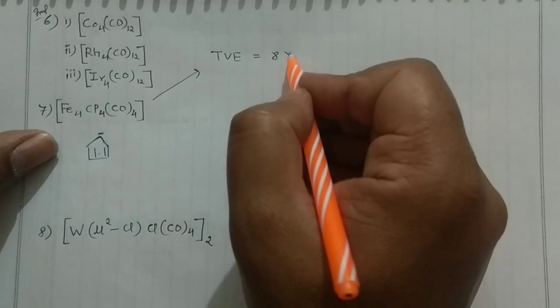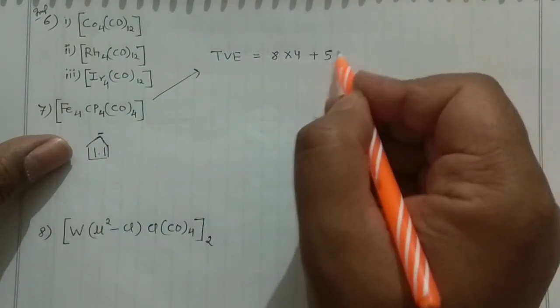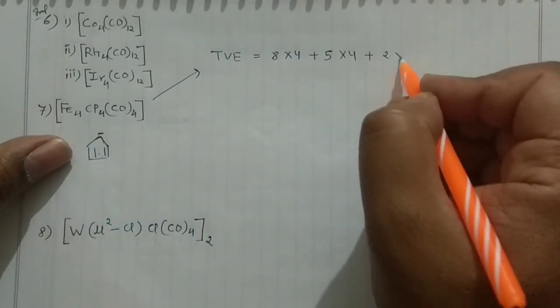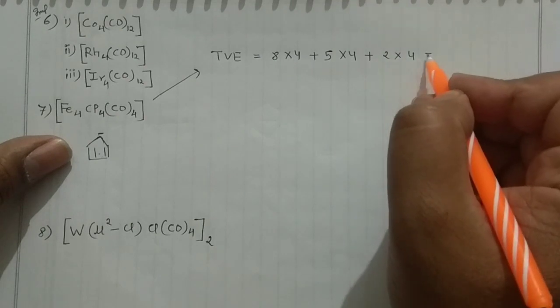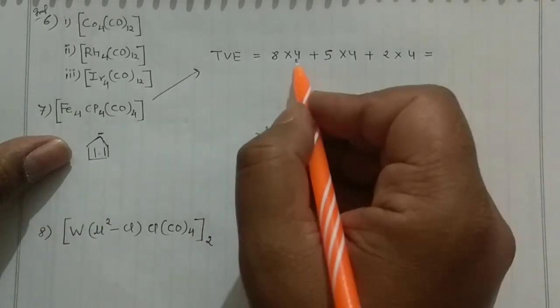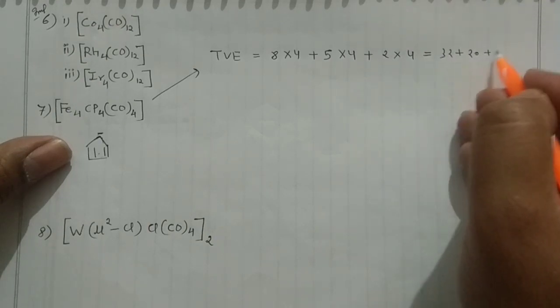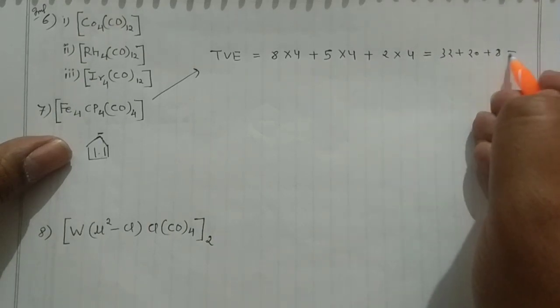Iron will give you 8 into 4, my Cp will give 5 and it is present 4 times, and my carbonyl will give 2 and it is present 4 times. If you add all of them, 8 fours are 32, 5 fours are 20, and 4 twos are 8. So this will give you 60.